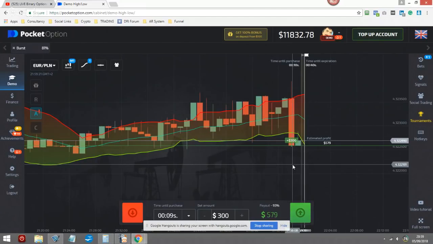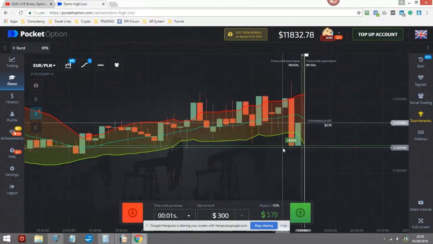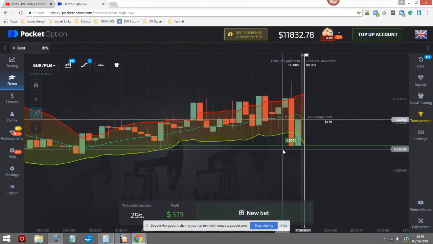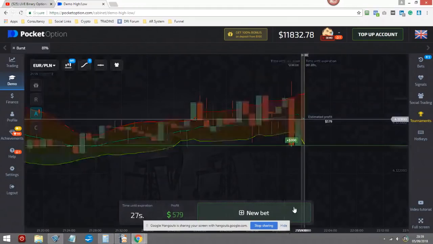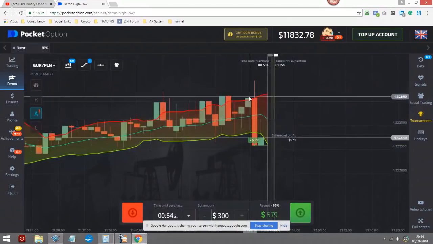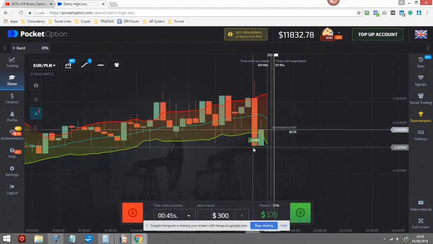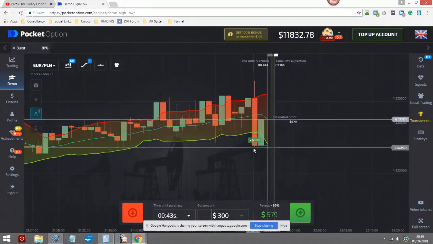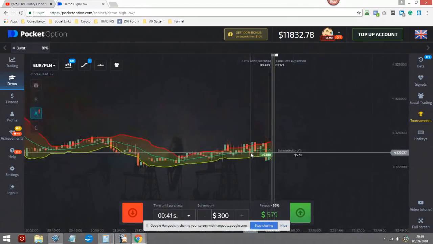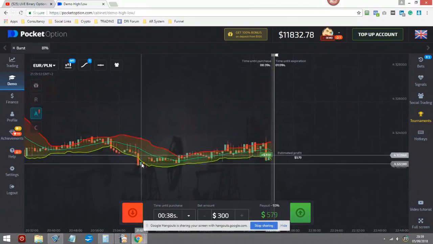Now, I would not recommend that you do that. I am only doing that because I'm in the demo mode. But that's an ideal situation to be in, where you've got a price here that you're winning on because it comes down, and because it drops so massively, obviously we've placed an up bet to try and capture that, because when it does do big drops like that, historically, like you see here, it will bounce back up or it will bounce back down.